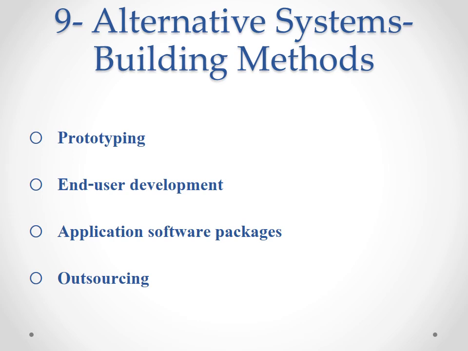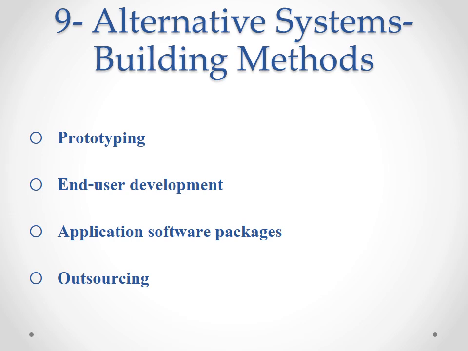The second building method is end user development, which is a type of information system that can be developed by end users with little or no assistance from technical specialists. It is called end user development.